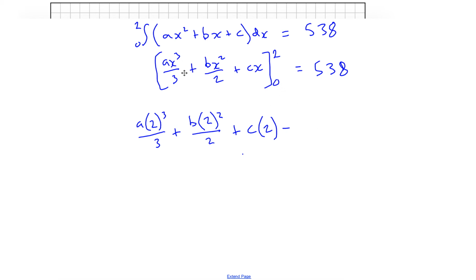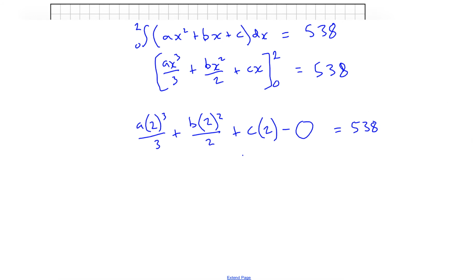If we put 0 in for x, you're going to get a times 0 cubed over 3, that's going to be 0, so that term will be 0. When you put 0 in for x here, this fraction becomes 0. And when you put 0 in for x, c times 0 is 0. So we're subtracting 0 from all of this, equal to 538. I'm not going to sub in 0 for every term here because it all just works out to be 0. Okay, so now we've set up our equation.